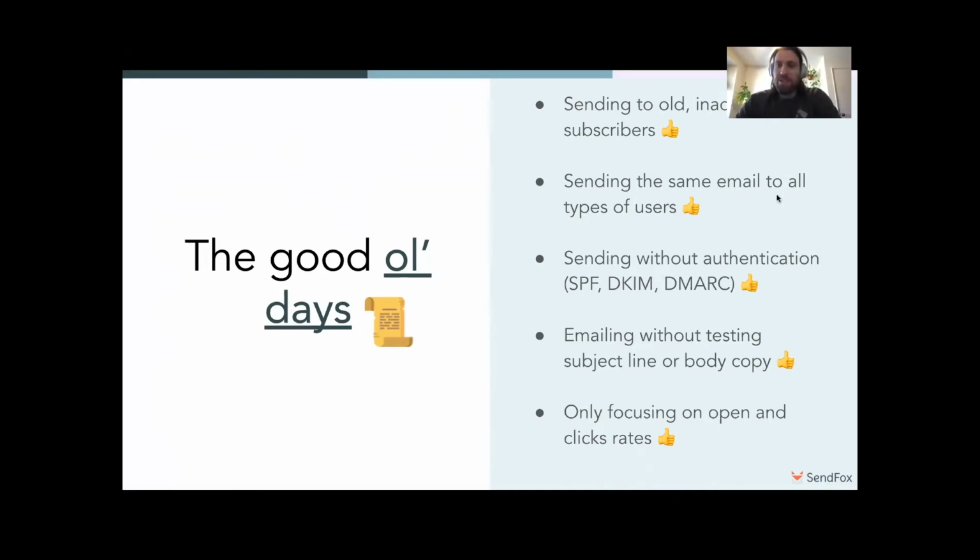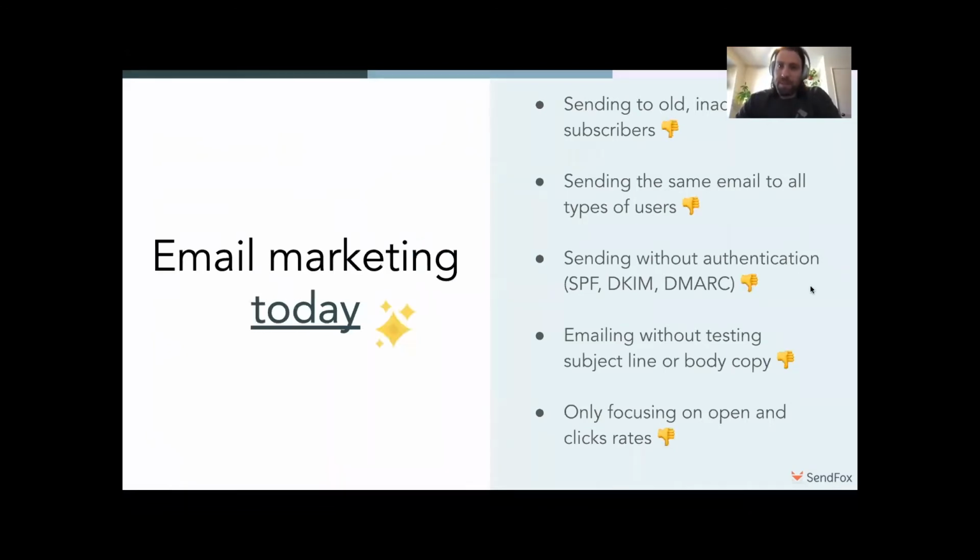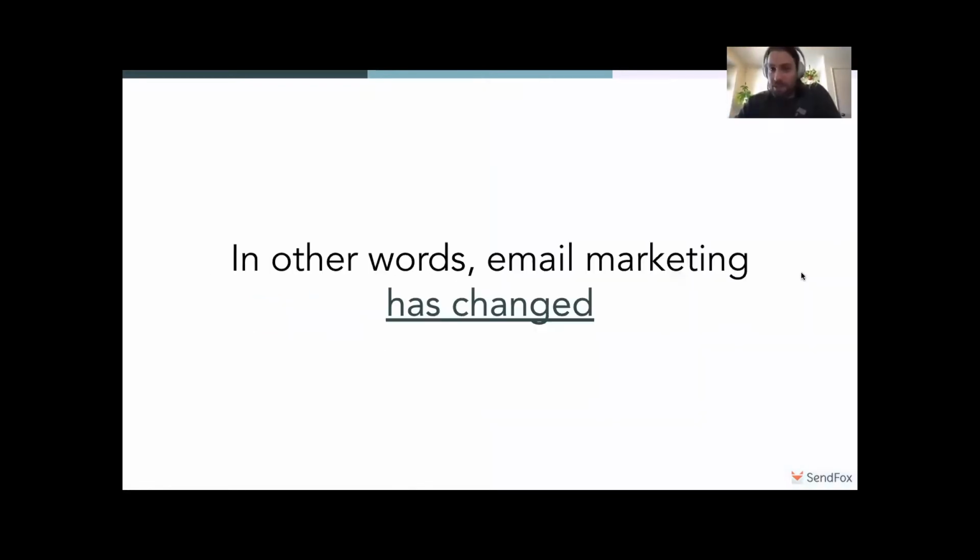And you could focus just on open and click rates. But nowadays, all those things are reversed. There's more complexity to email marketing than there was before. There are more things we need to be careful of and mindful of. So email marketing is not dead, and I'm going to show you on the next slide why, using real data, but it has changed, and we need to be mindful of how it's changed.